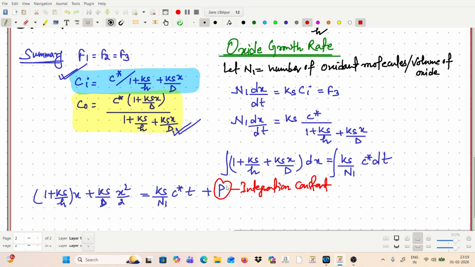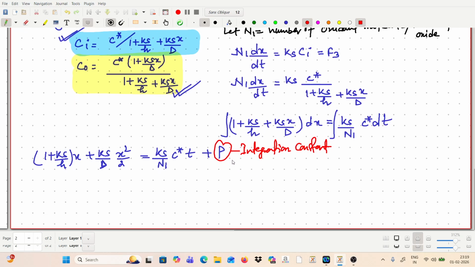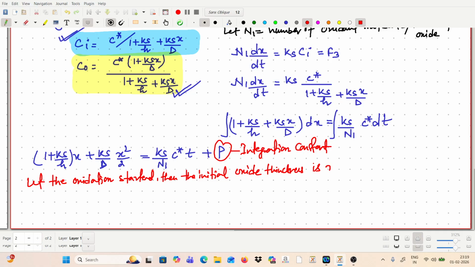Okay, now we have to find the value of p. To find the value of p, we have to assume that the oxidation started, then the initial oxide thickness is xi.